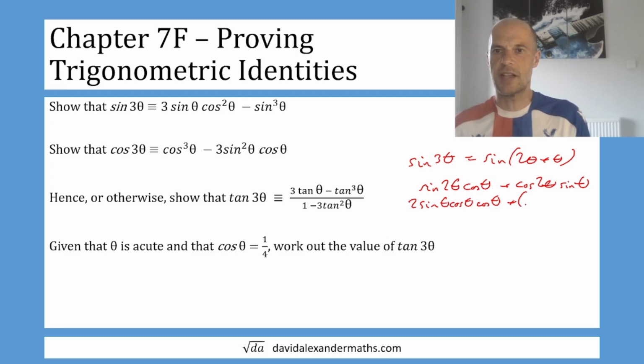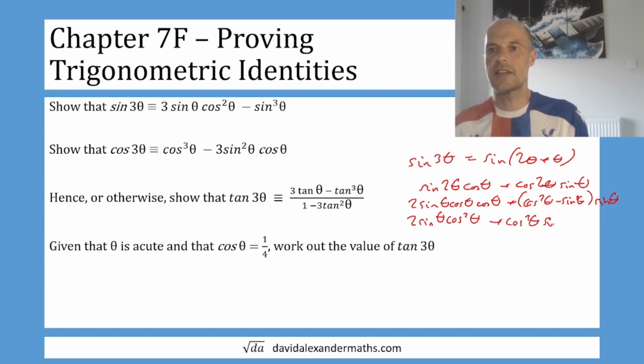In fact, let me just do that. So that's cos squared theta minus sine squared theta multiplied by sine theta. So what we have is 2 sine theta cos squared theta plus cos squared theta sine theta, take away sine cubed theta.